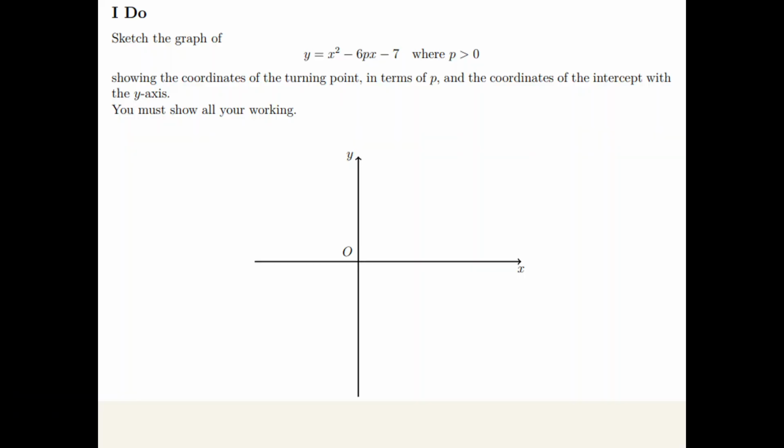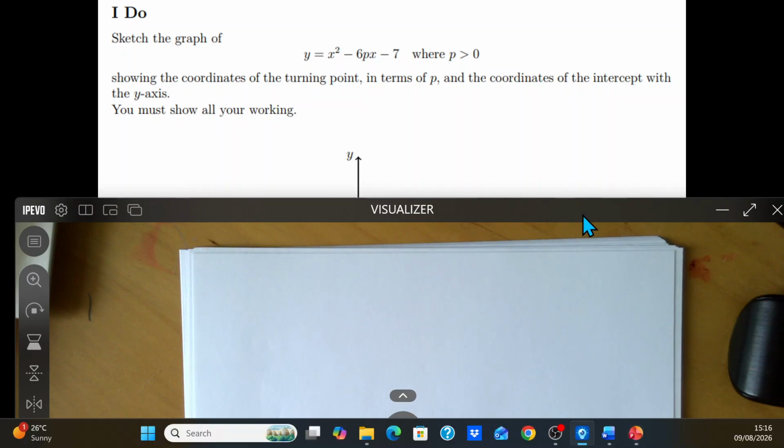Right, tough question this. It asks you to sketch the graph of that. Sketching a graph, you need to know where it's going to cross the y-axis and the turning points. So where does it cross the y-axis? Well, it crosses the y-axis when x equals 0.